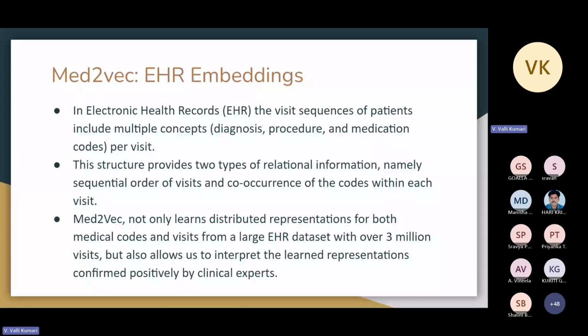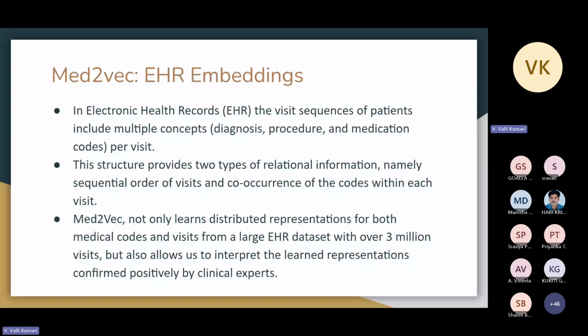So this structure provides two types of relational information. What is that? The sequential order of visits, and within each visit, all the codes that are occurring, be it medications, procedures, or diagnoses. All of them are in some kind of relation, all for one visit. And every visit is sequential.